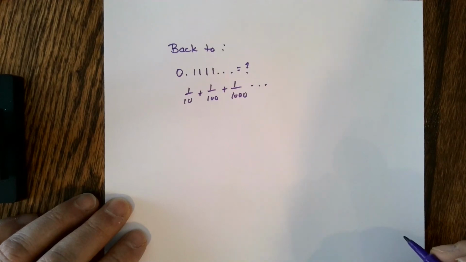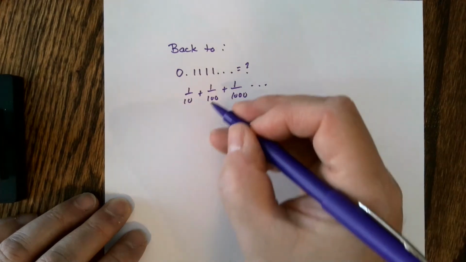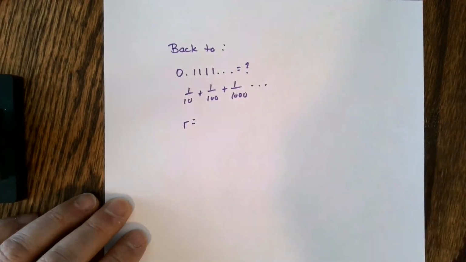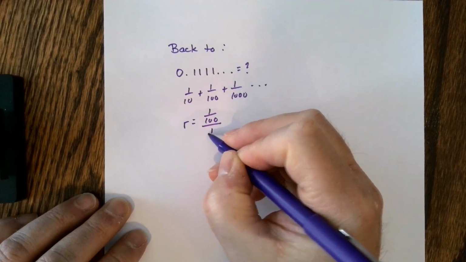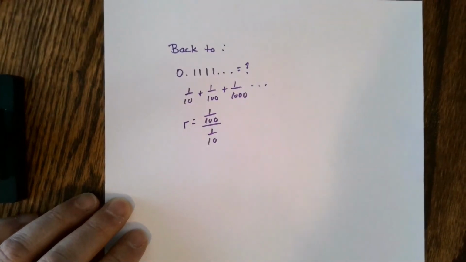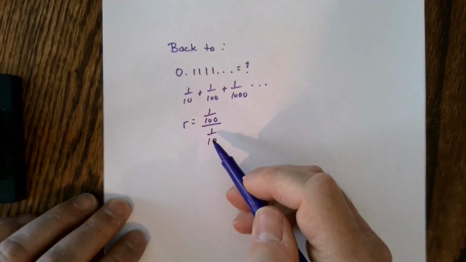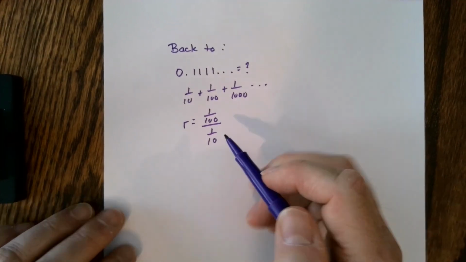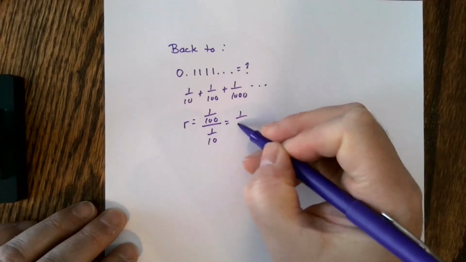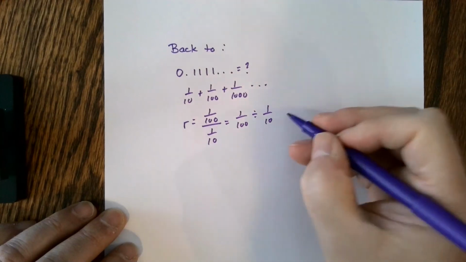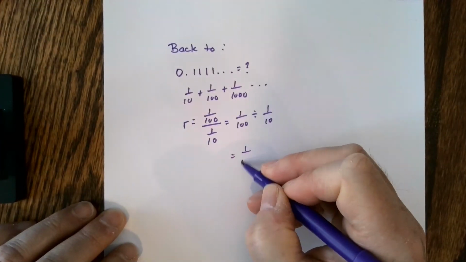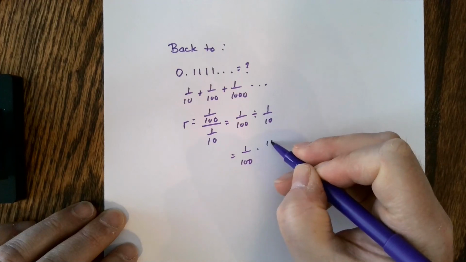Now I need to determine if this in fact is a geometric series, and if it is, what is its common ratio? So I'm going to take the second term, which is 1 over 100, divided by the first term, which is 1 over 10. Rewriting this, I end up with 1 over 100 times 10 over 1.